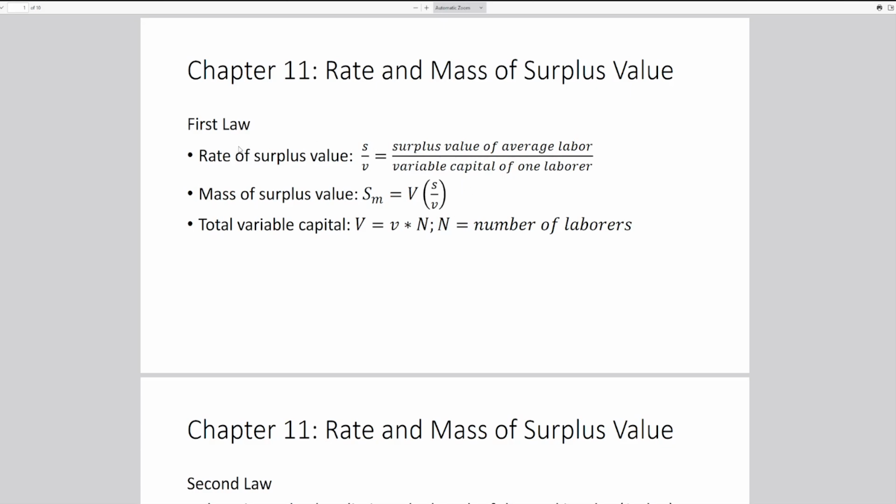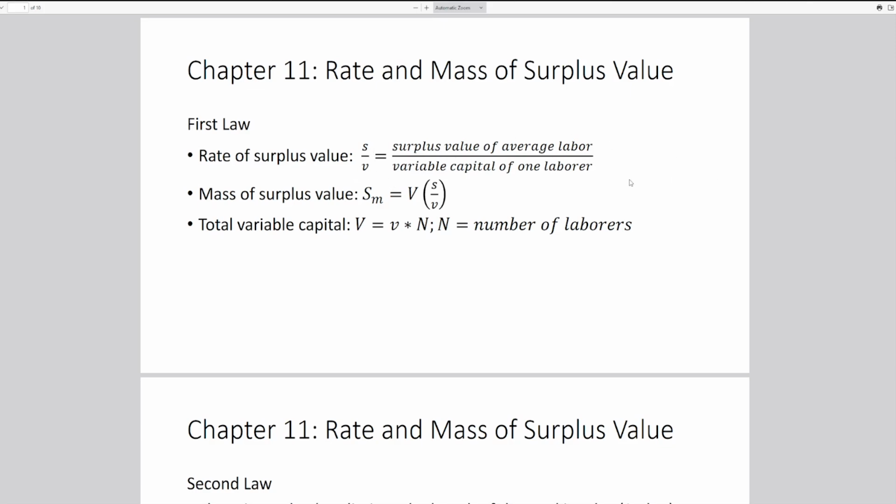I know Marx calls it a rate, which, sure, you can call it a rate if you want. But to me, it makes more sense to think of this in terms of an efficiency, like a thermodynamic efficiency.